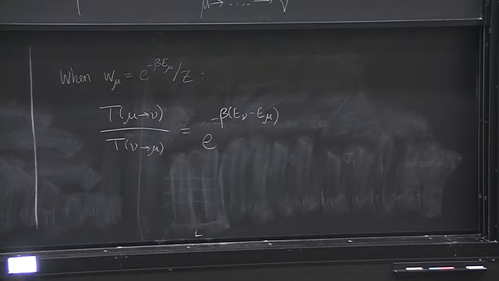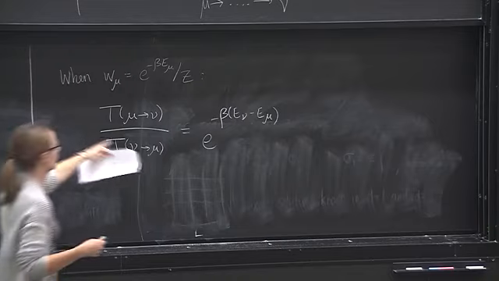Then it turns out that we can choose our transition probabilities in any way as long as the ratio of them going from a state to another state and back satisfies this equation here.